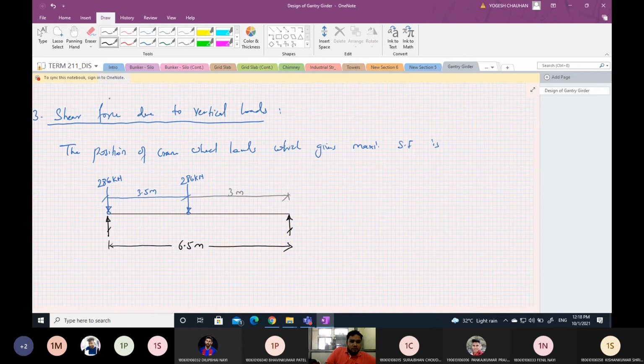Let this be A, this be B. So this is the figure: position of crane wheel loads for maximum shear force.